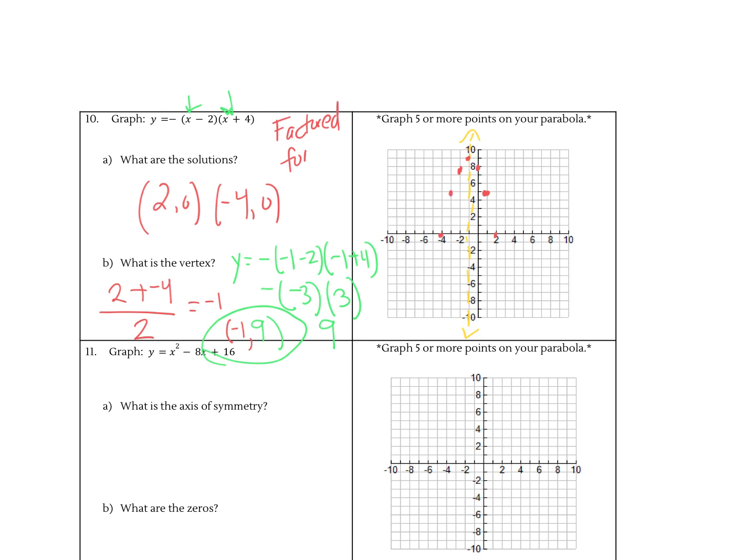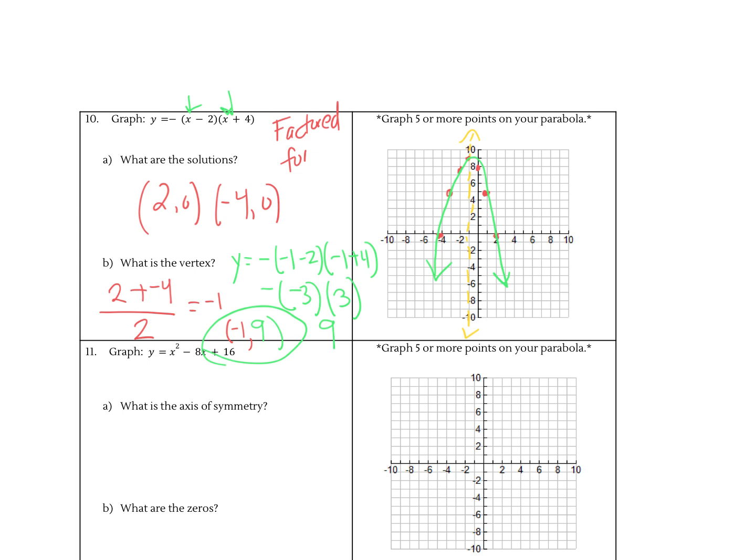The next set of moves would be to go to the right 3 and then down 3 squared, which is 9, which puts us at our solutions. And you can now see that we have our parabola. So even though it might only be asking you to write out the solutions and write out the vertex, you had to know more about how to graph to be able to create the graph and those points accurately.